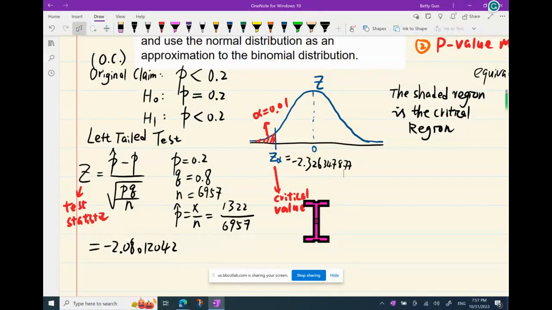The area is 0.01, no problem. Mu is 0, sigma is 1. Paste. I got a negative 2.326347877 again. The area is 0.01 because it's a left tail test, so all the significance falls on the left tail.